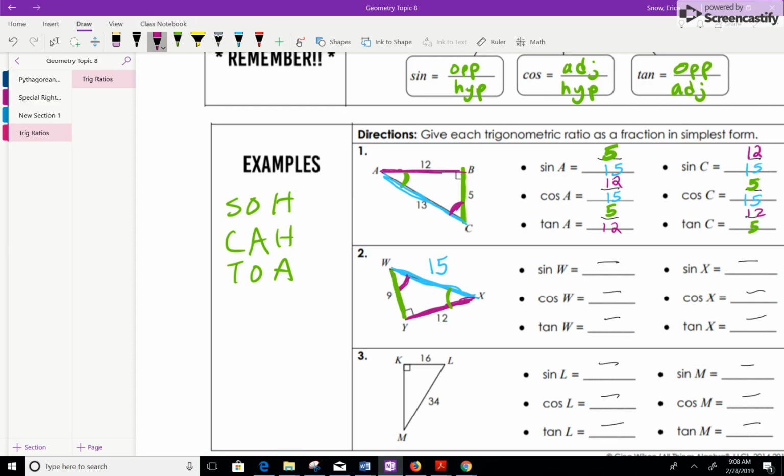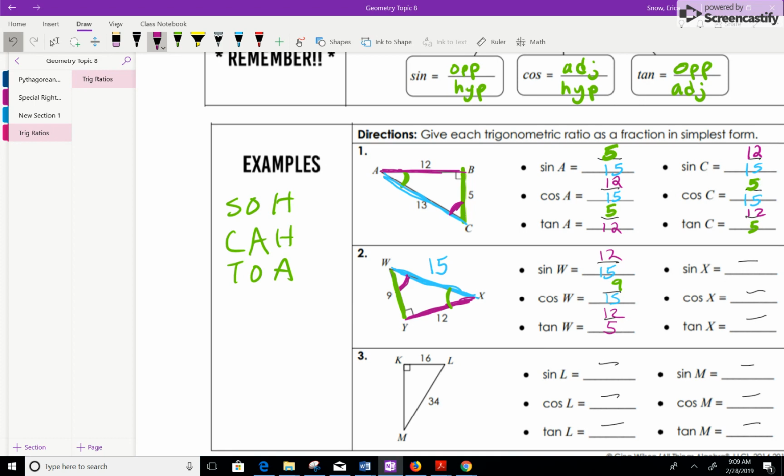So let's go to sine, which is opposite over hypotenuse. Cosine is adjacent over hypotenuse. And tangent is opposite over adjacent.